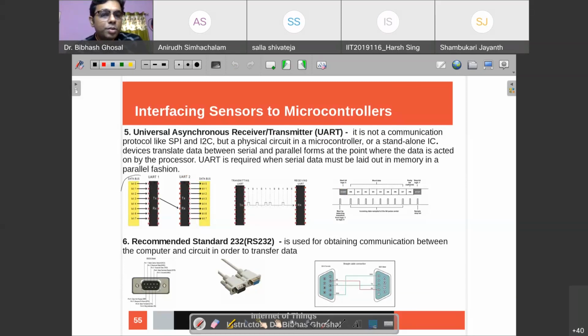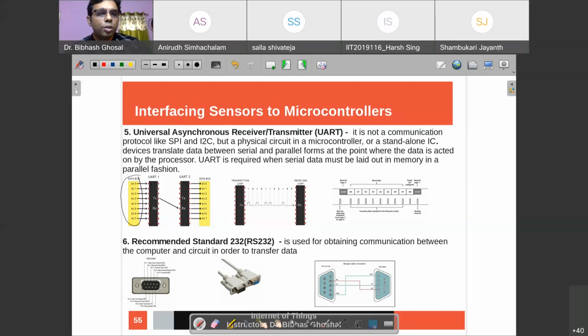Here we have a data bus, which is, let's say, 8-bit. In parallel, you send it to this 8-bit input. UART stands for Universal Asynchronous Receiver Transmitter. If you want to communicate between two devices, you have to use a UART device on both sides.